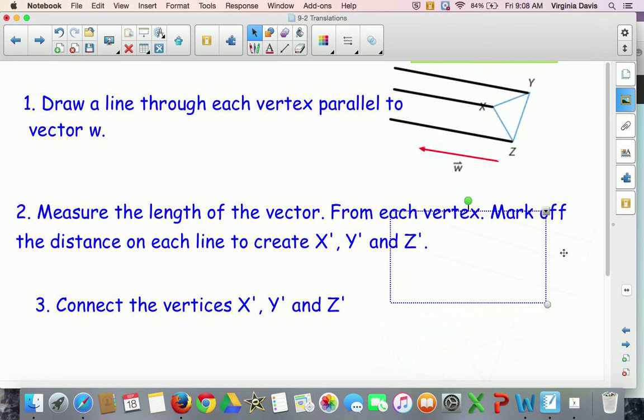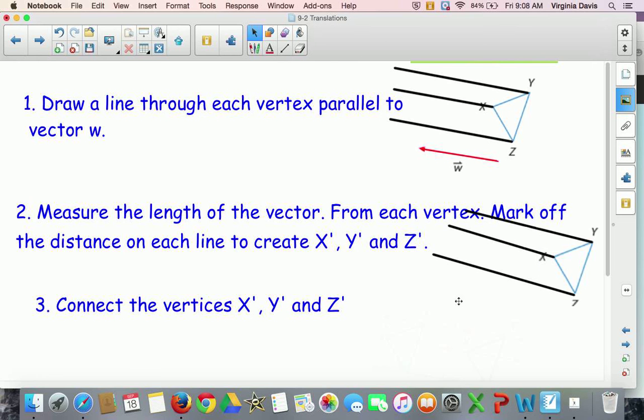So here is my picture. I'm just going to use this since it's already parallel, up here, so don't worry about that image. I measured that. My lines are somewhat parallel here, and I'm going to use a point to make my new vertices.